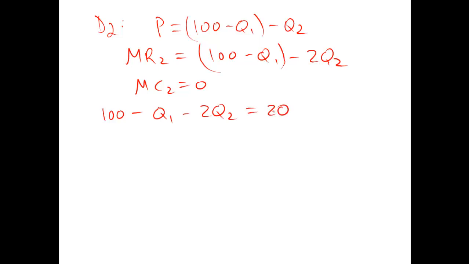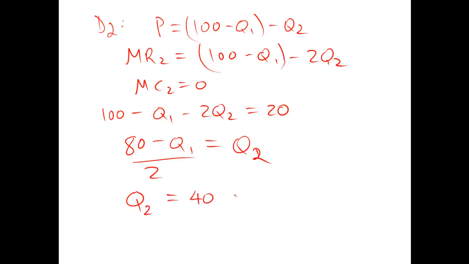So if I subtract 20 from both sides, I get 80 minus Q1. Now let's add 2Q2 to both sides, so that equals 2Q2, but let's divide both sides by 2, save a step. Let's be careful. That means the reaction curve for firm 2 is Q2 equals 40 minus 1/2 times Q1.